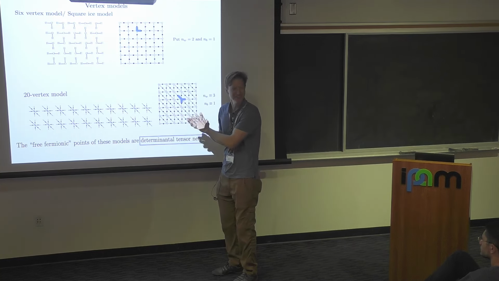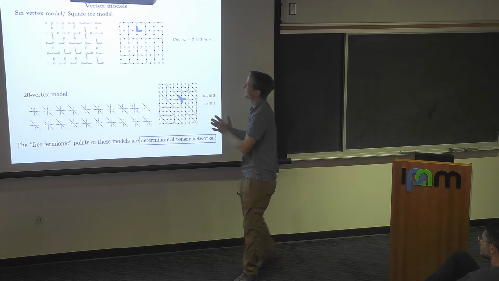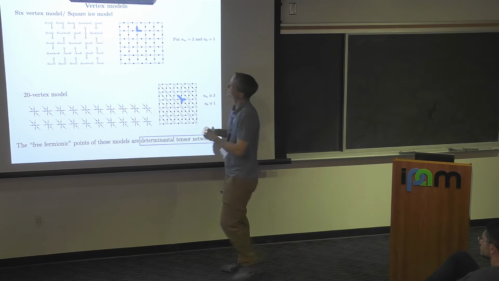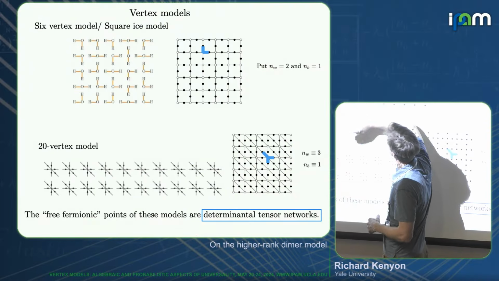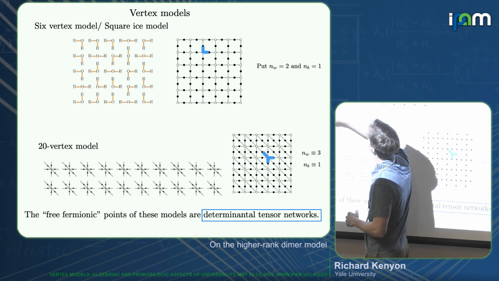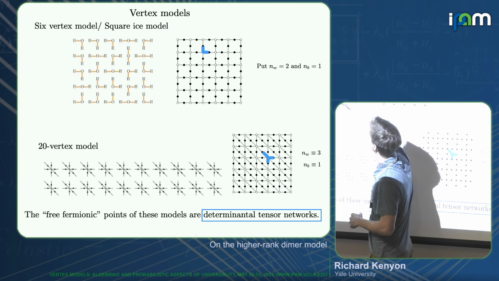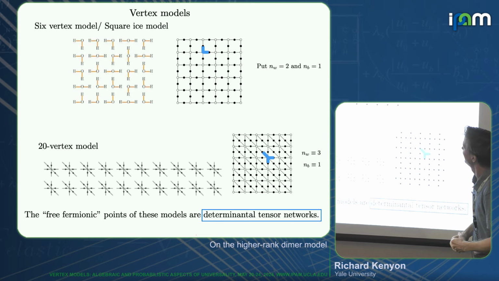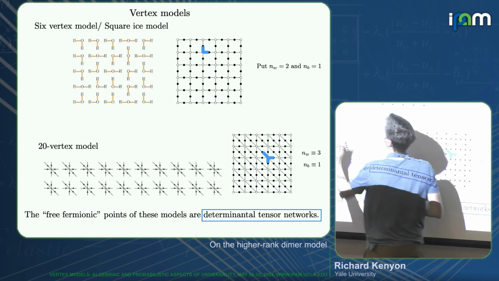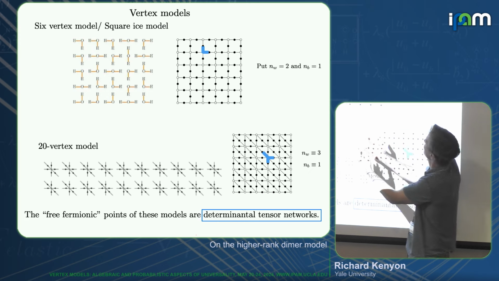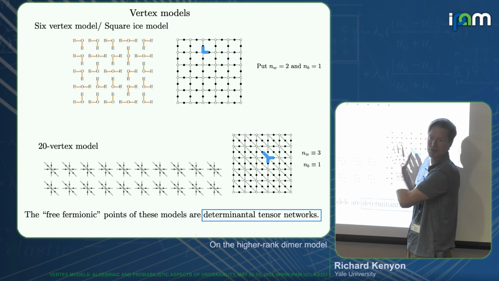I apologize for mentioning the 6 vertex model. I think everybody else has done it this week, but here it is. This model of square ice: you pack oxygens and hydrogens in the square grid in this way. There's an oxygen at every lattice point and 2 hydrogens along the edges. We can model this as counting multi-webs.